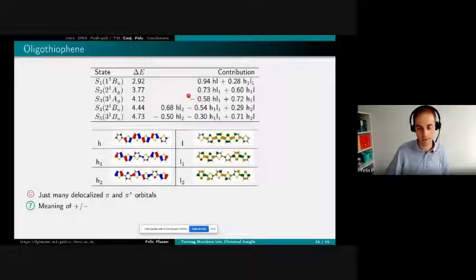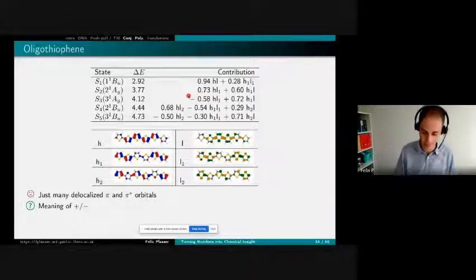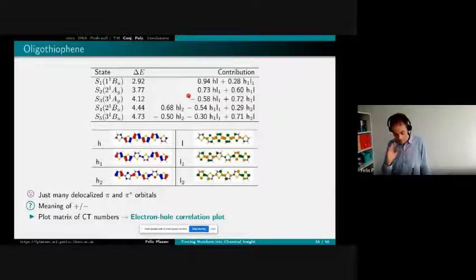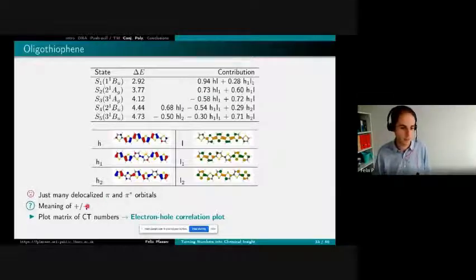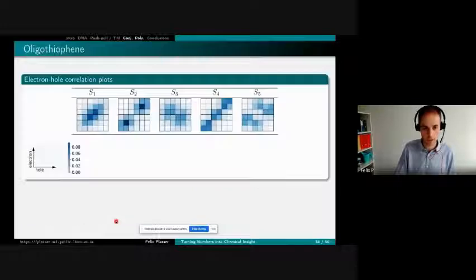And the question is, how do we take care of that? The good news is that we can do this with techniques developed. So we can compute the CT numbers again to give us the conditional distribution of the electron hole in what is called an electron hole correlation plot.